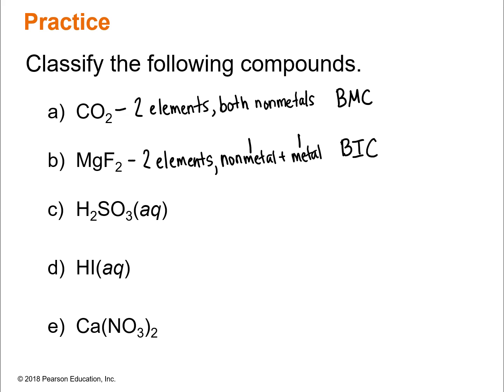So for C, it'll be a little bit easier for you to classify this one once we've gone over polyatomic anions. But you can see that it starts with an H. It has aqueous, so that means it must be some type of an acid. It's got more than just one nonmetal, so it's got to be a ternary oxyacid. For D, what did we get?